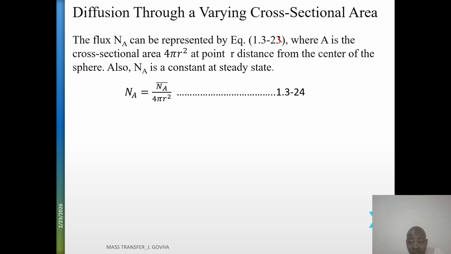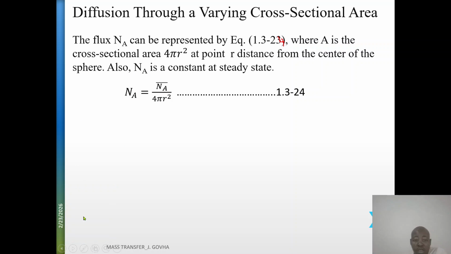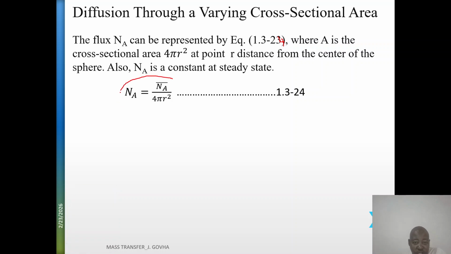So this is our equation 1.324. This is the equation we are talking about as representing our molar flux. So this flux is changing with respect to the distance r from the sphere.